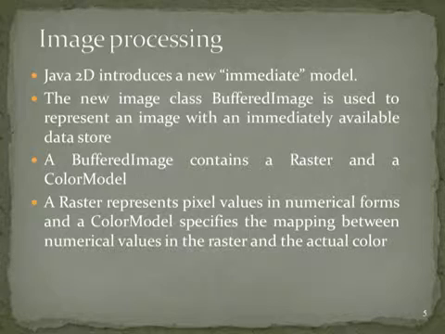A BufferedImage contains a raster and a color model. The raster represents the pixel values in numerical form, and the color model specifies the mapping between the numerical values in the raster and the actual color of the image.